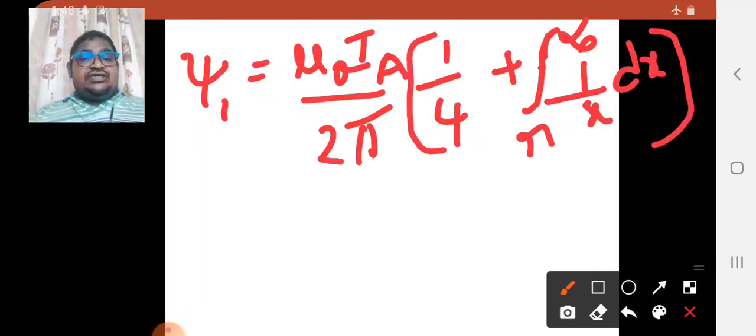This is the flux linkage of conductor A due to the flow of current IA in conductor A.